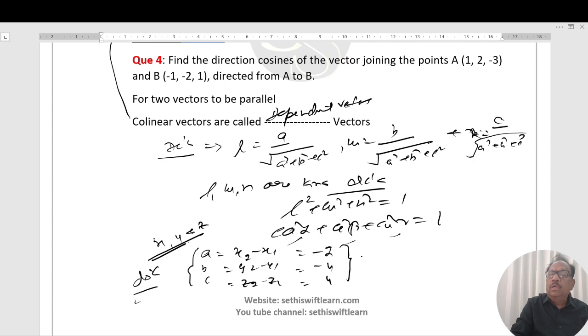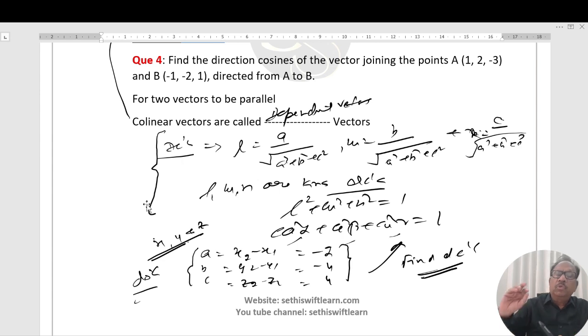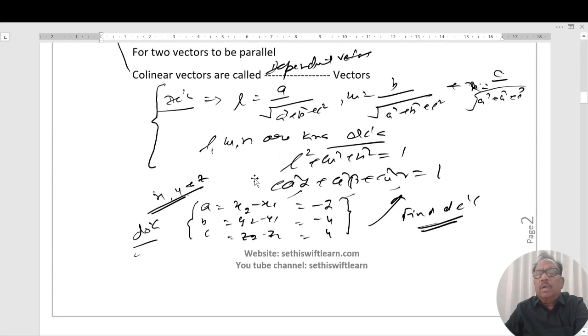Now these are the direction ratios. Put them there and find the direction cosines. I think it will be clear in all respects. I will discuss all the formulas regarding what are direction cosines, what are direction ratios, what are alpha, beta, gamma using this question. I try to complete all the topics regarding the cos square.